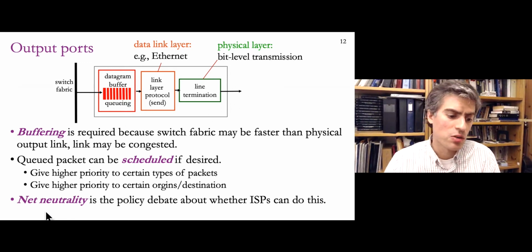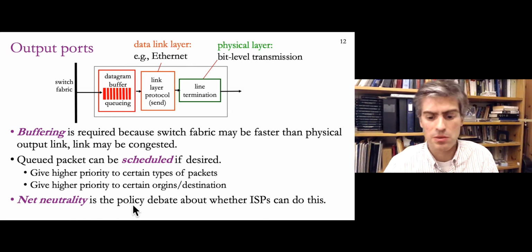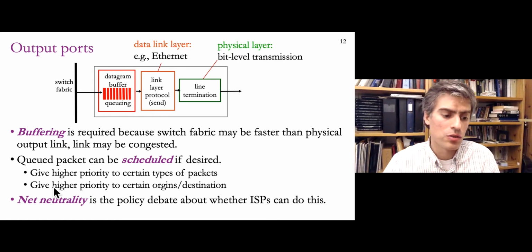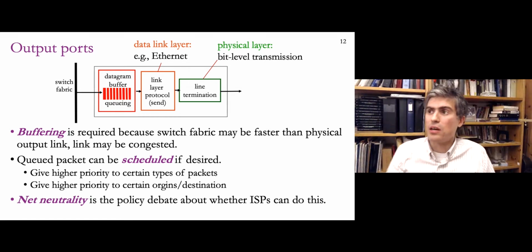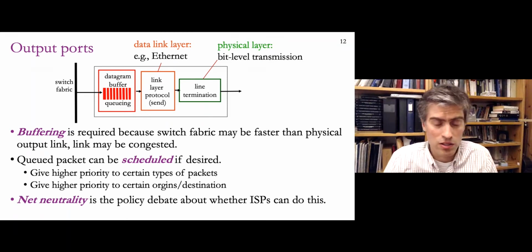Differentiation of service. Net neutrality, which you've probably heard of, is the policy debate in government, especially in the US, about whether internet service providers are allowed to differentiate between different classes of traffic and give higher priority to different types of traffic. In the US currently, net neutrality is not a law, so it is not enforced.